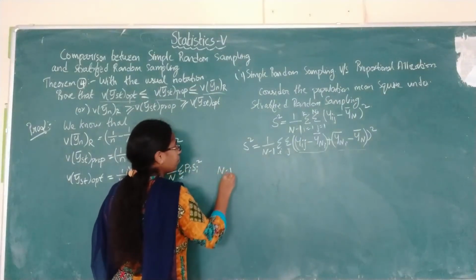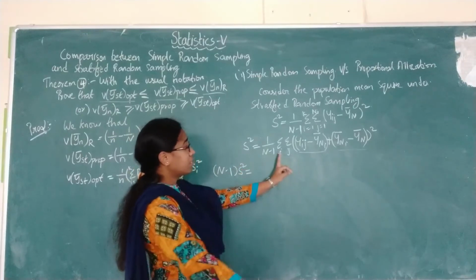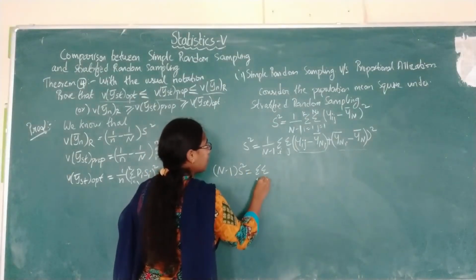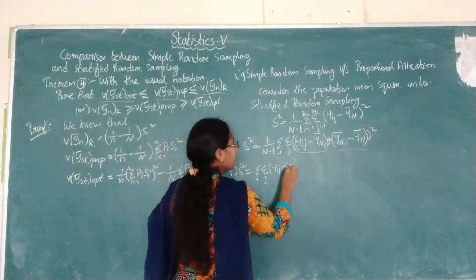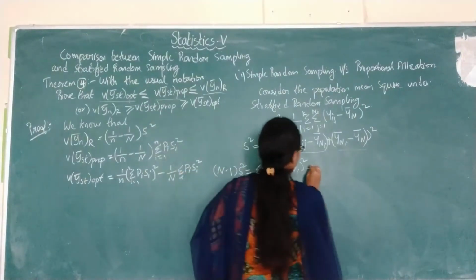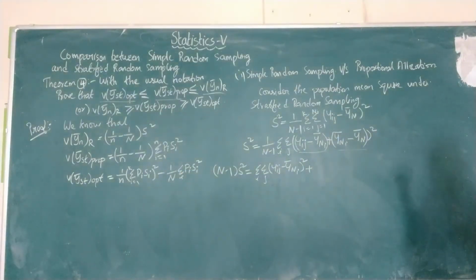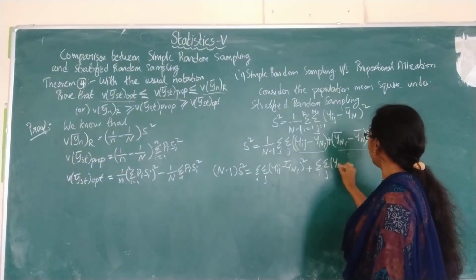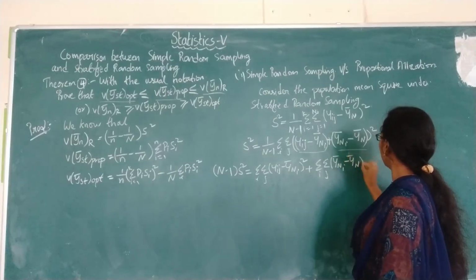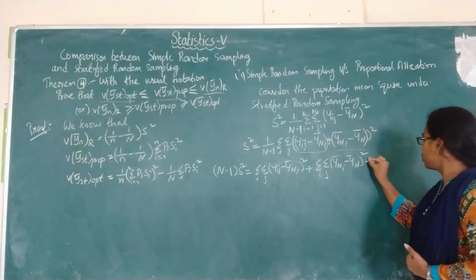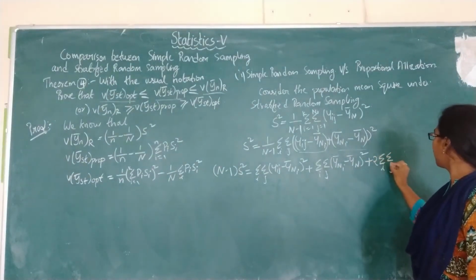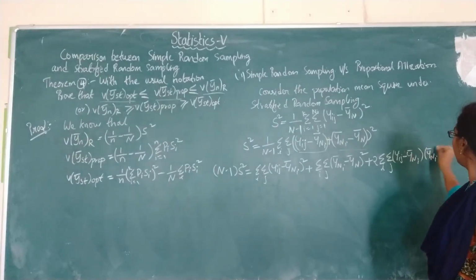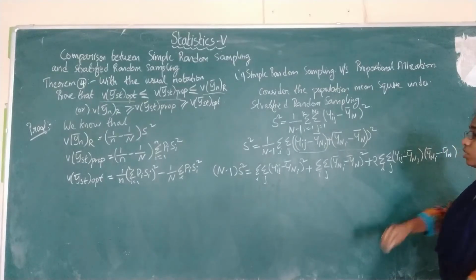So you will get (n − 1) S² equals double summation over i, j of (yij − Ȳi)², that is a², plus double summation of (Ȳi − Ȳ)², that is b², plus 2 into double summation over i, j of (yij − Ȳi)(Ȳi − Ȳ). So you have expanded this.